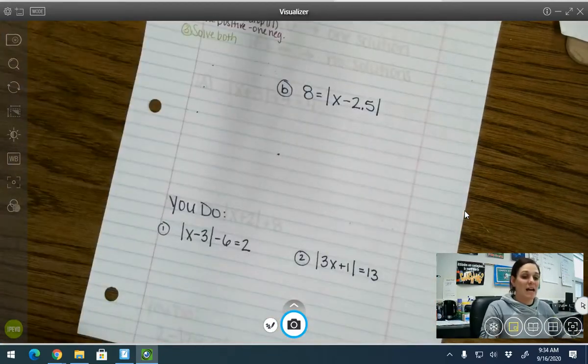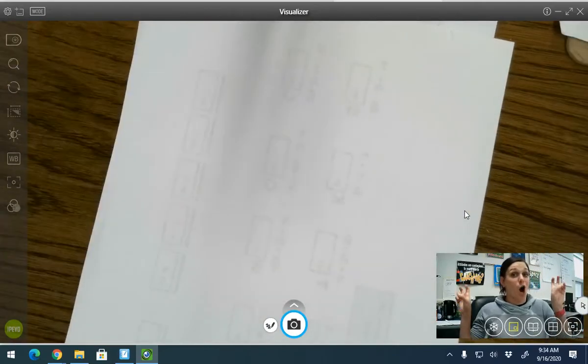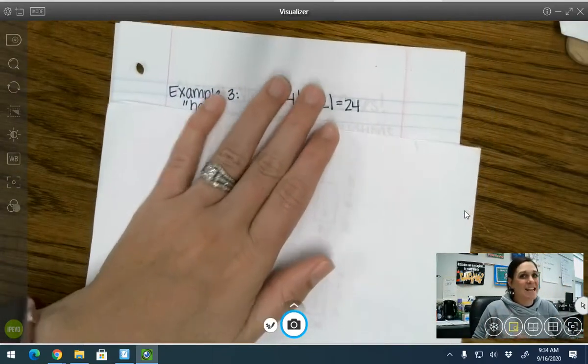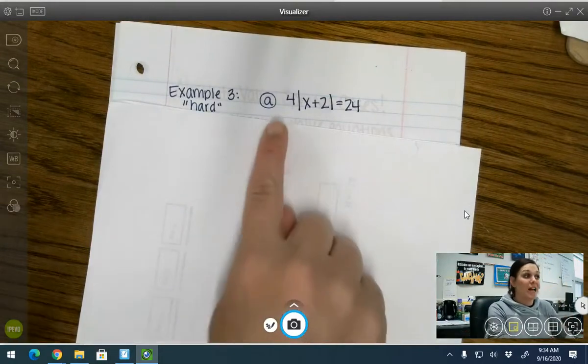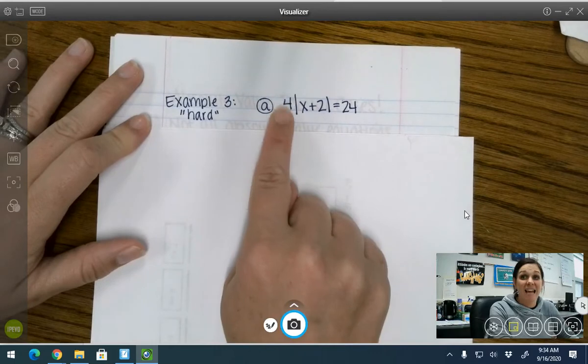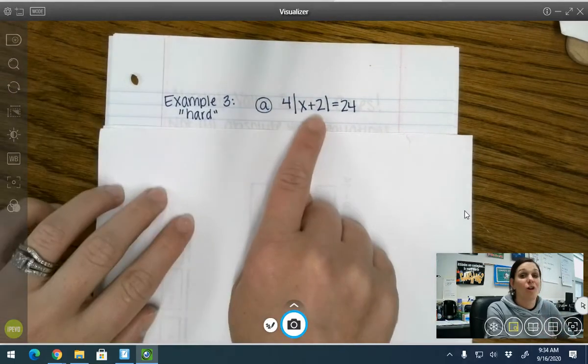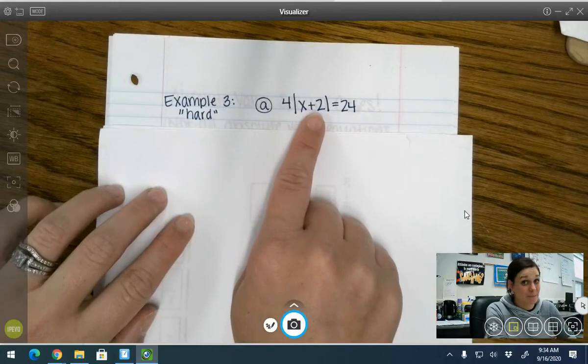All right, so the last thing that we're going to look at is the example of hard. So again, it's not that it's difficult. Just look at how it's set up, okay? The setup, I have something on the outside just like medium, but this time I also have something on the inside.